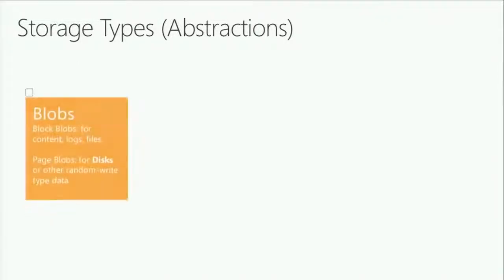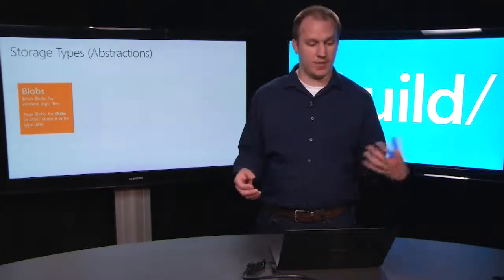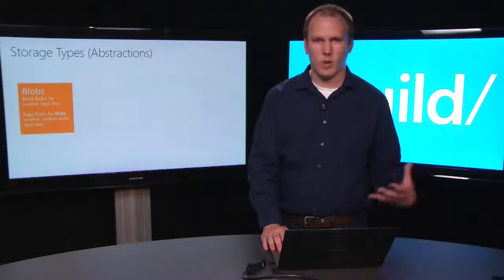Storage types. Azure Storage is a really flexible platform. First type we support is called blobs. There's really 2 types of these. There's block blobs and page blobs. The block blobs are for just ordinary content. Any photos or documents, logs, files, anything that you would normally read and write all at one time or in ranges is well suited for block blobs.